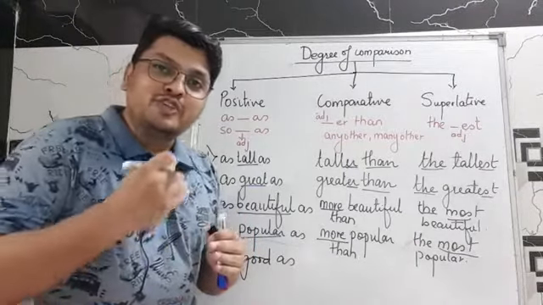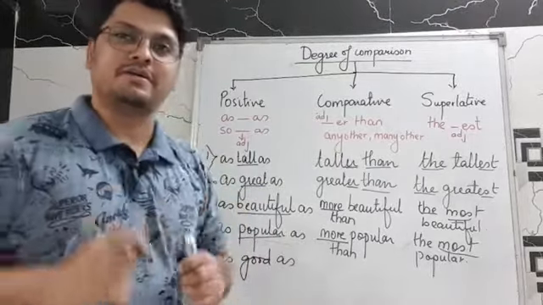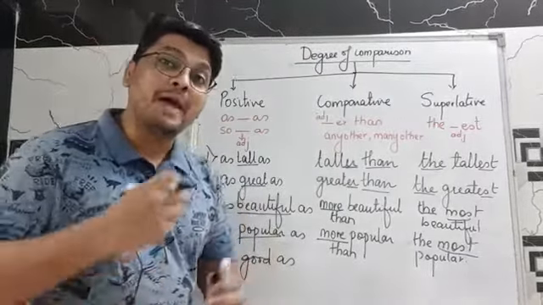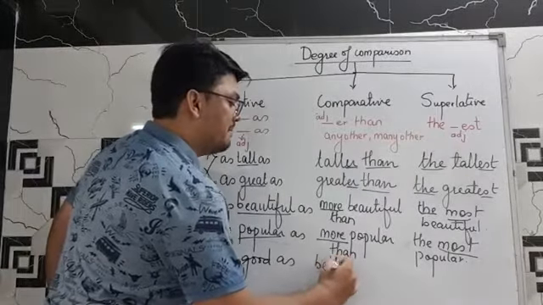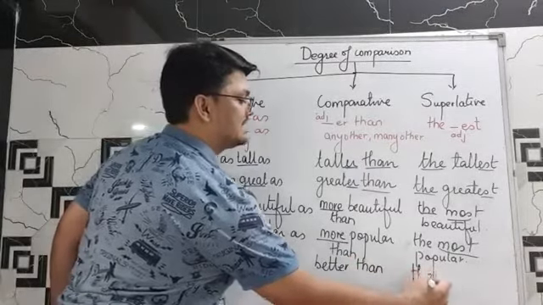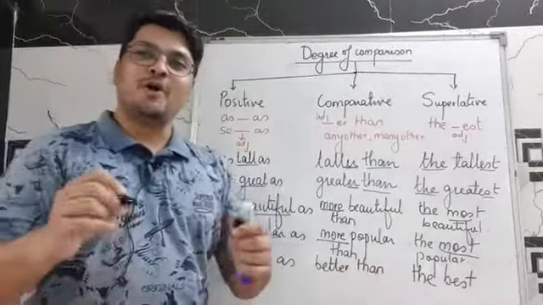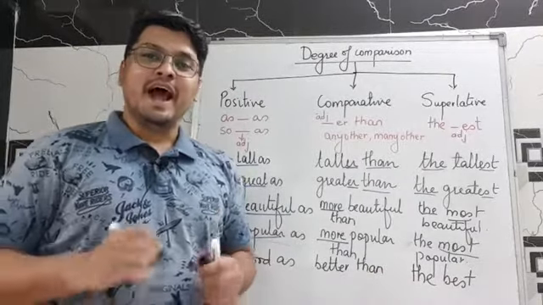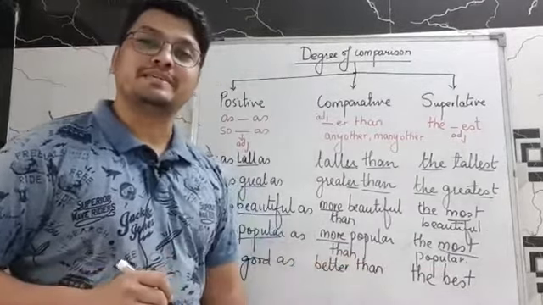Now if I change it into comparative, it will not become more good or gooder, it will become better. As good as will become better than and the best. So I hope students you are getting how I change good into better and better into best.